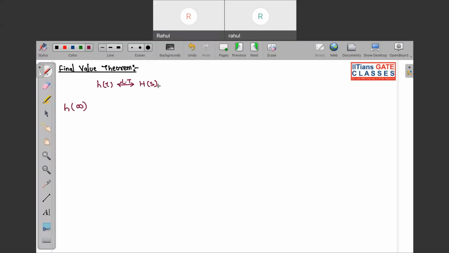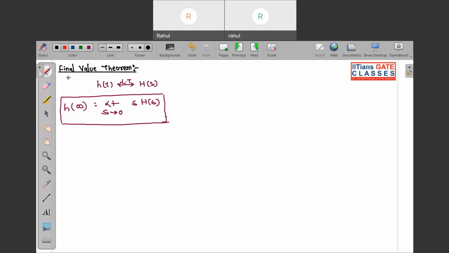To find it directly from the s domain, we put limit s tends to 0 of s H(s). This is your final value theorem. We are not deriving any of these, because derivation is not required in your PSU exams.